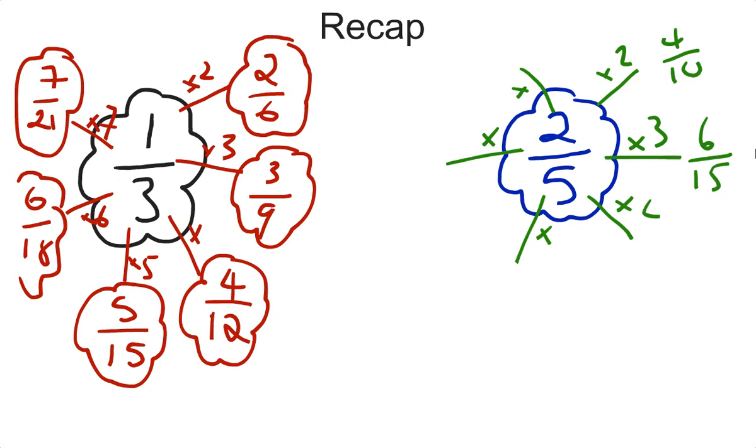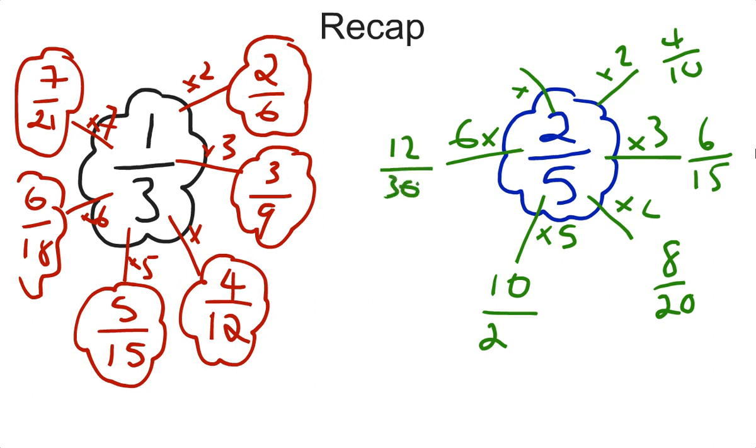Multiply by 4 and you get 8/20. Multiply by 5 and you get 10/25. Multiply by 6 and you get 12/30. And if you multiply by 7 you get 14/35. Now I'm just going to put them in clouds so that you can see where they are.